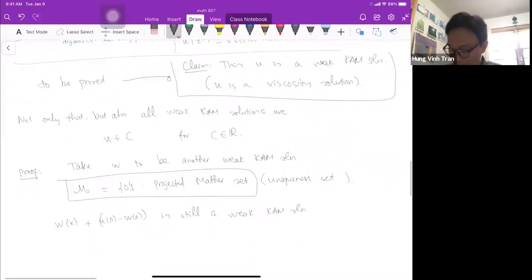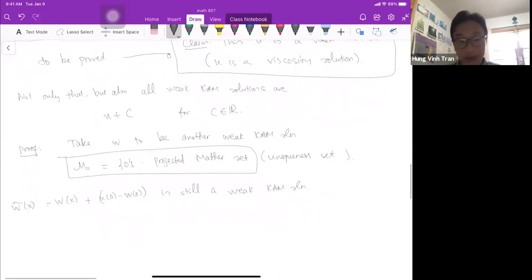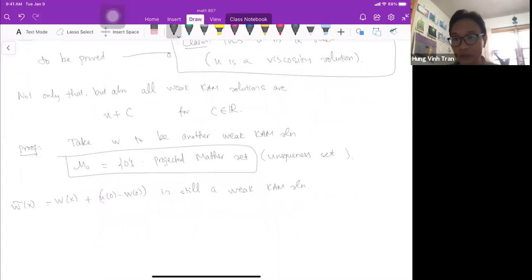Nothing there, and you can call this one w tilde of x if you want. Again, I'm writing the proof a little bit differently from what I wrote, but it's the same. Then you have w tilde of 0 equals u of 0, right?